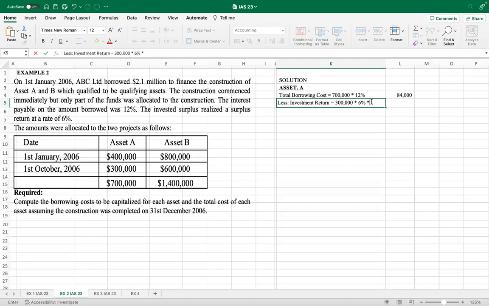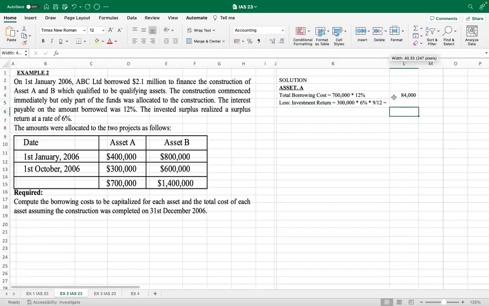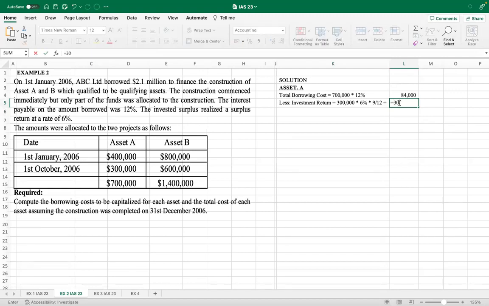How many months are those? 9/12. Immediately we reach 1st October, we withdraw the money from investment and use it to construct. So what is the return from the investment? You take the 300,000 times 6% times 9/12.